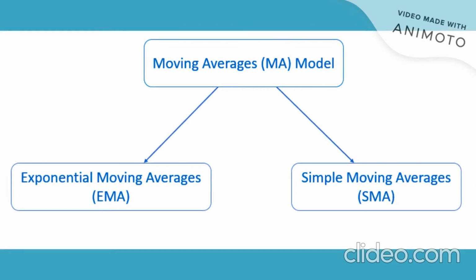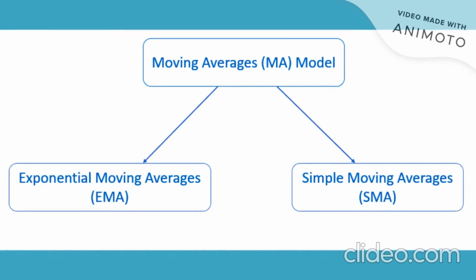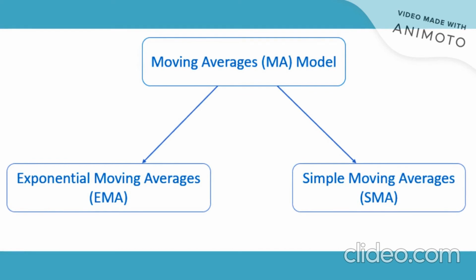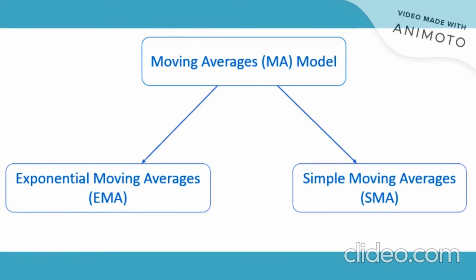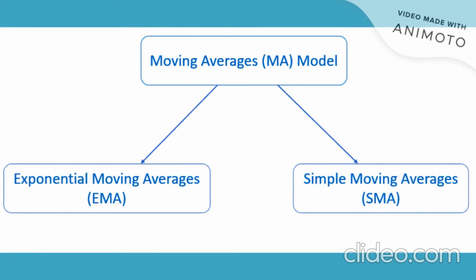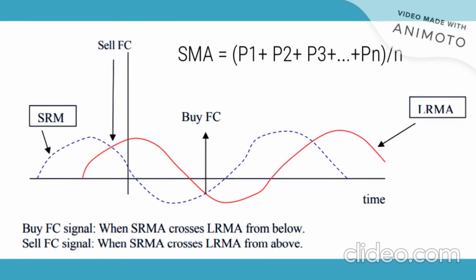A simple moving average is a calculation that takes the arithmetic mean of a given set of prices over a specific number of days in the past, for example, over the previous 15, 30, 100 or 200 days. I will use the simple moving average to explain the graph.